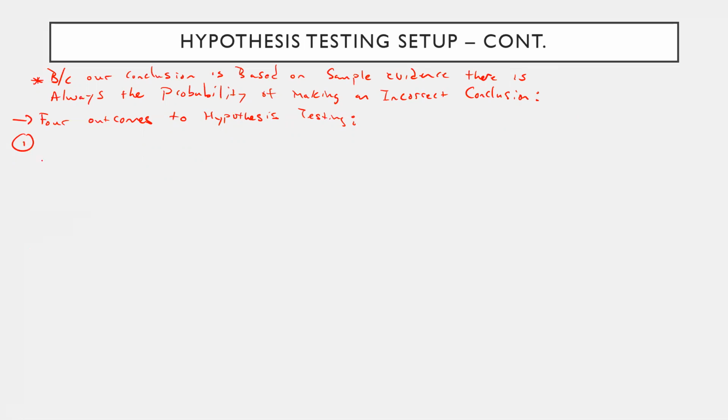The first one is we reject the null hypothesis when the alternative is true.